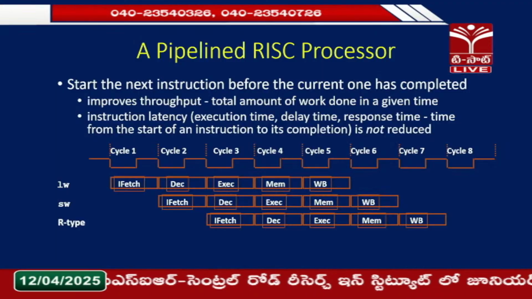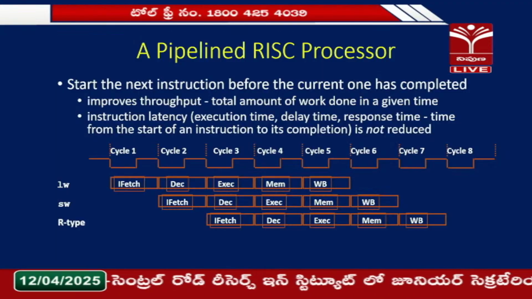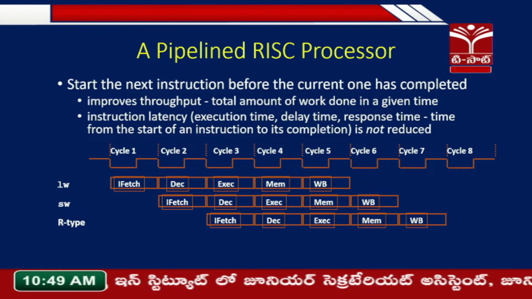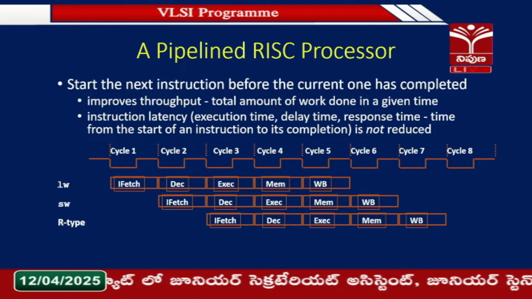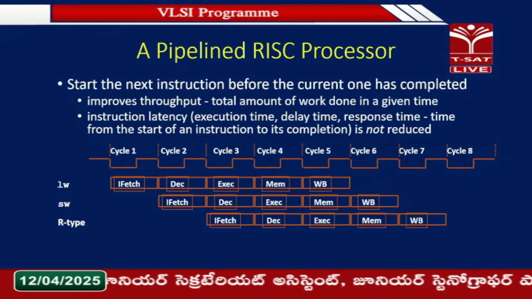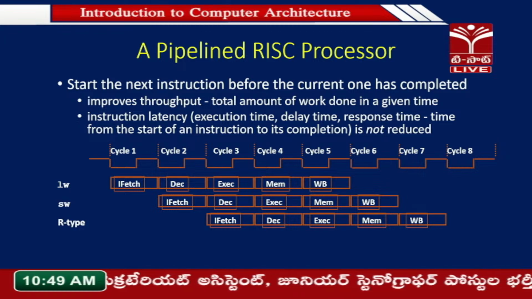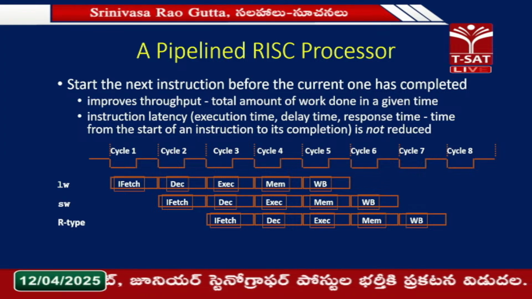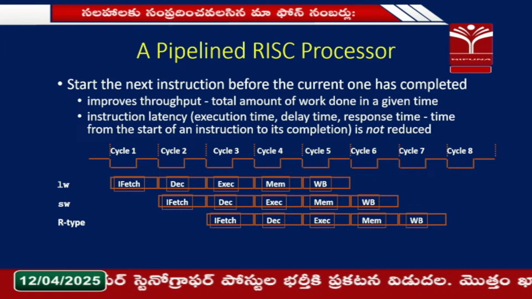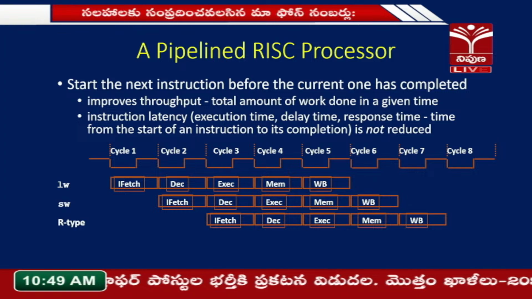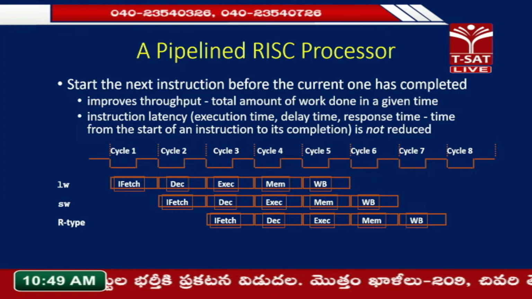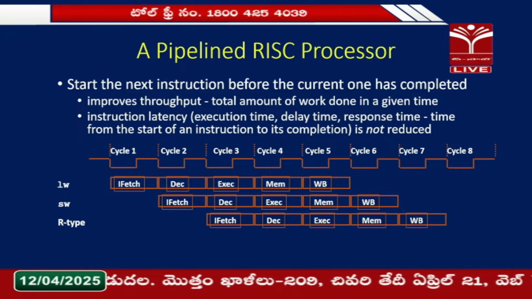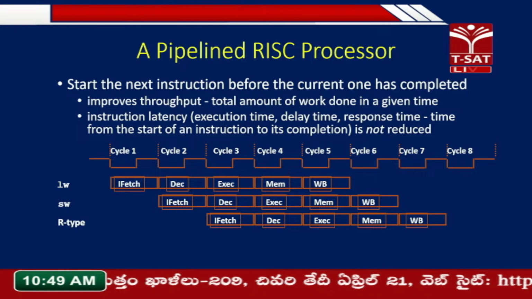This is a representation and a comparison very similar to what we just looked at for the multi-cycle. If you look at the multi-cycle, I am doing a fetch, decode, execute, and the memory and write back for the load word instruction. And the store word instruction, I am starting it in the second cycle, because in the first cycle the load word is now in the decode stage, but the fetch stage is empty.